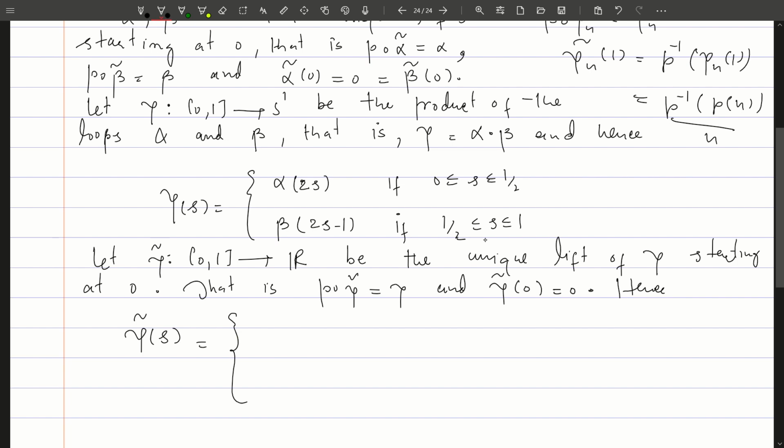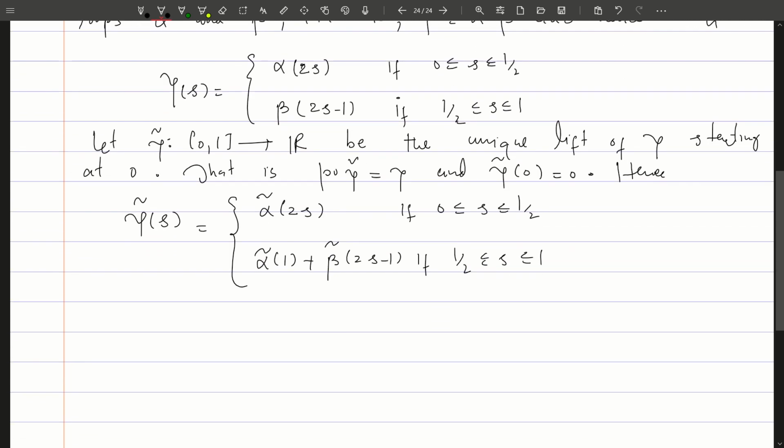In the first half interval, it will travel alpha tilde of 2s, so if s is between 0 and half, and in the next half interval, it will travel alpha tilde of 1 plus beta tilde of 2s minus 1, so if half is less than or equal to s is less than or equal to 1. Now, why do we take alpha tilde of 1 here?